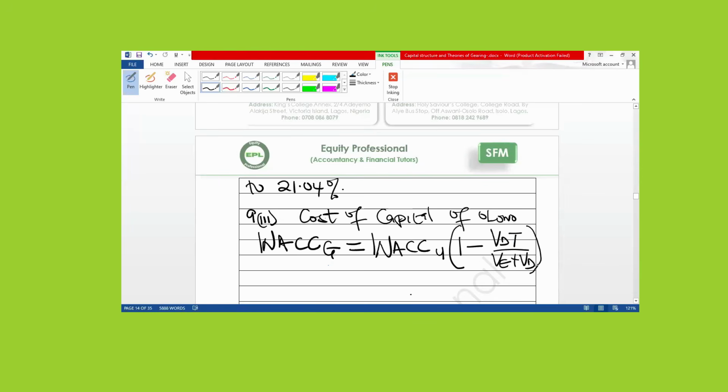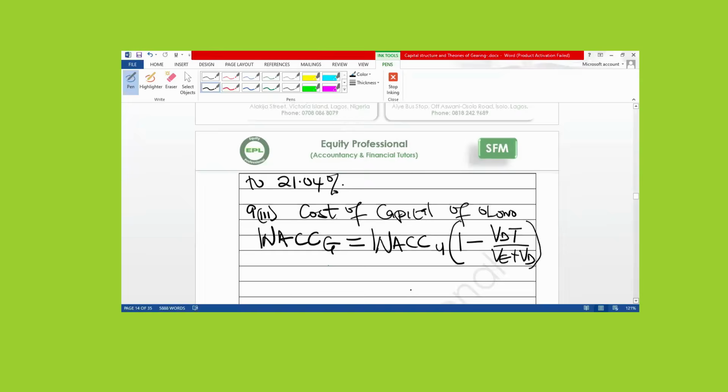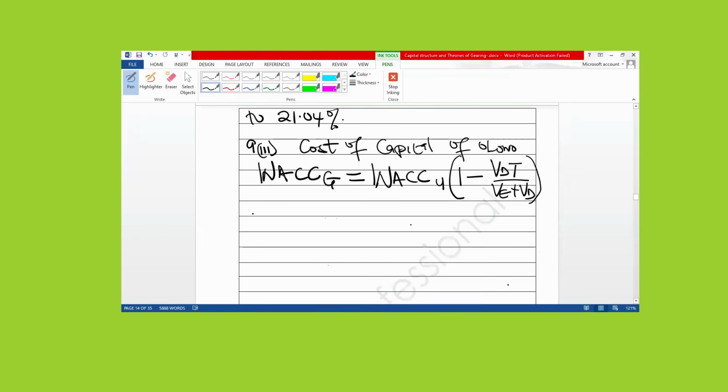Close your brackets. This is WACCG, weighted average cost of capital of a geared.